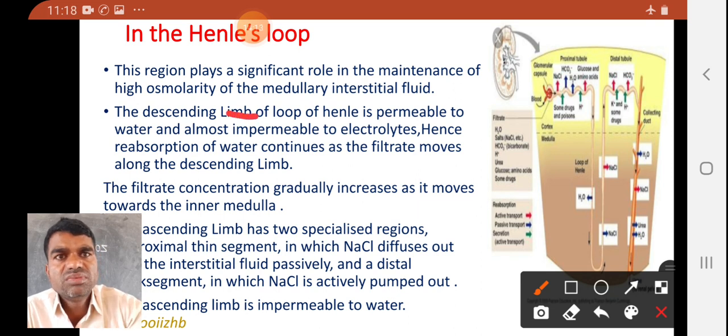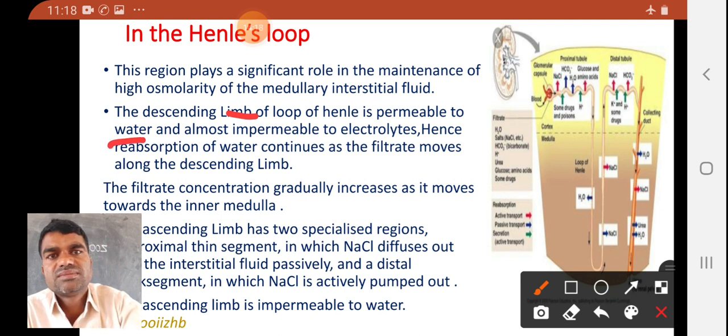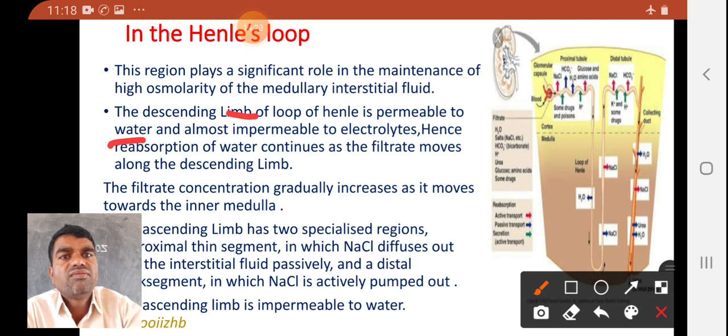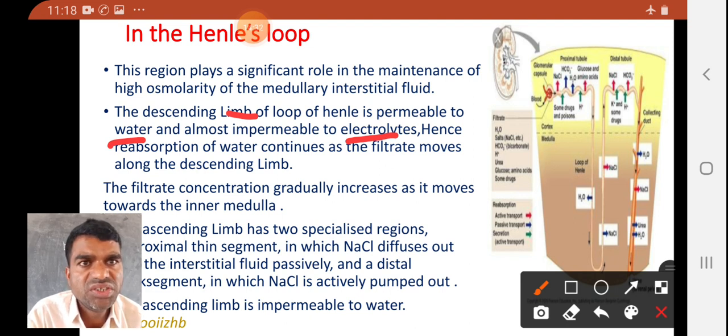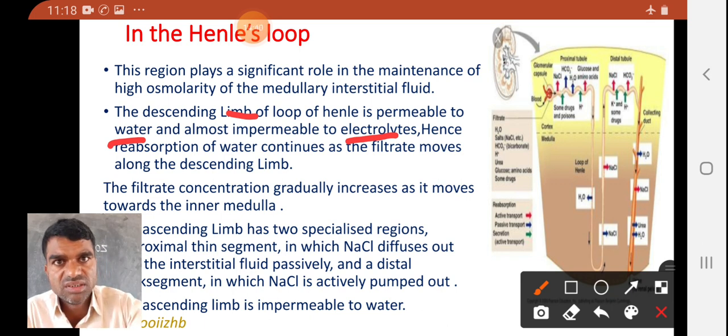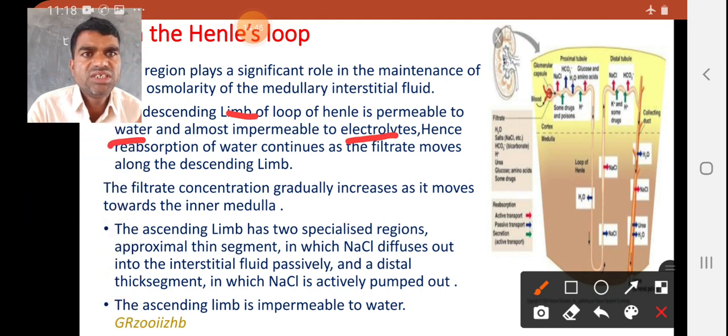The descending limb of the loop of Henle is permeable to water molecules and almost impermeable to electrolytes. Hence, reabsorption of water continues as the filtrate moves along the descending limb. The filtrate concentration gradually increases as it moves towards the inner medulla region.